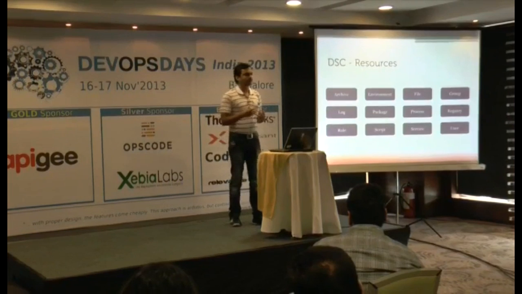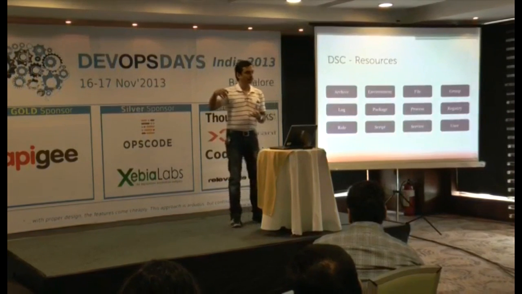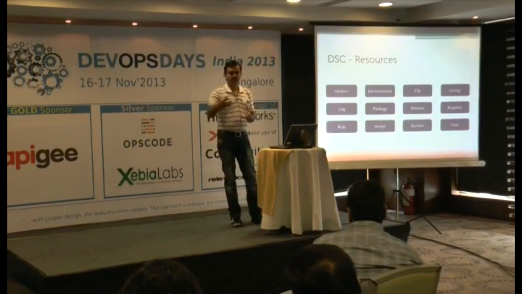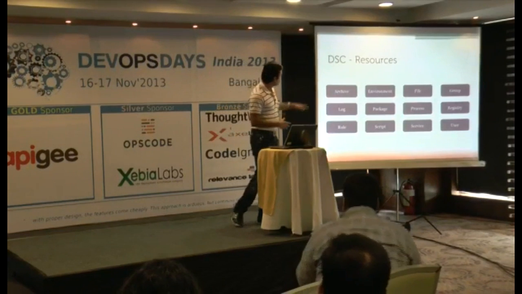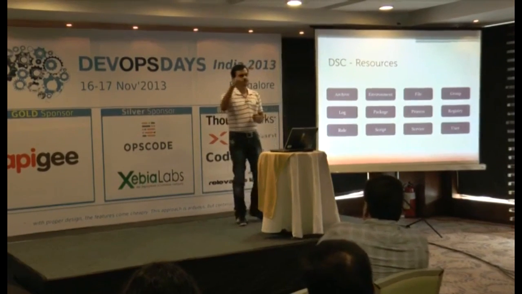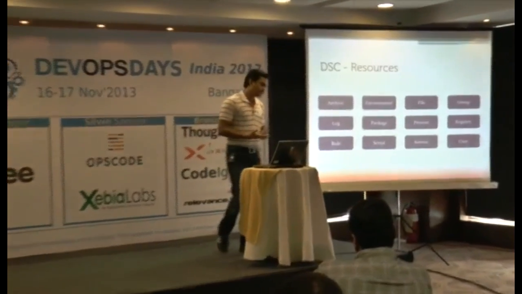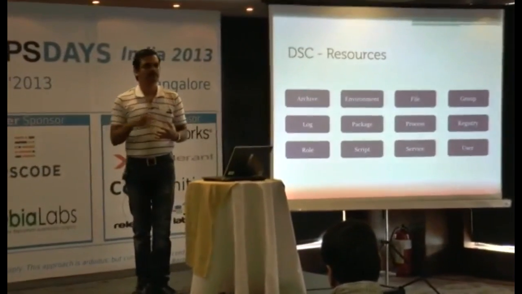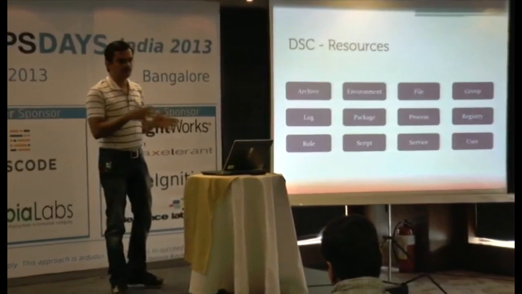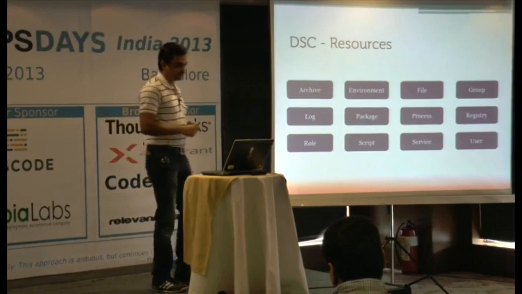I can have Group, which creates local user groups within the computer. And you have Log that you can use to log messages in the Windows event log. Package, you can use to install MSIs or setup.exe based packages. You can remotely install all of them.